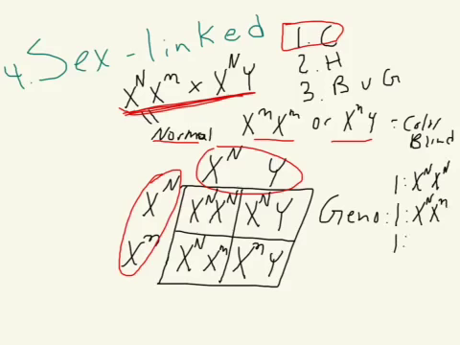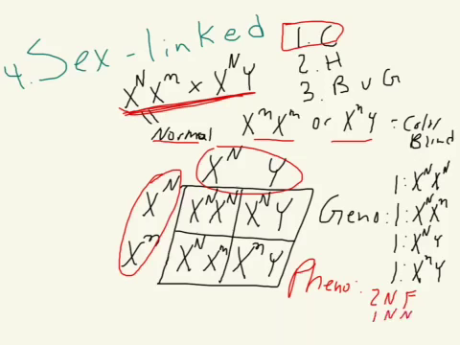We have one that is like dad, has normal vision, and we have one male that is colorblind. So that's our notation, and then I just described to you. We have our phenotypes end up being 2 normal females, 1 normal male, and 1 colorblind male.